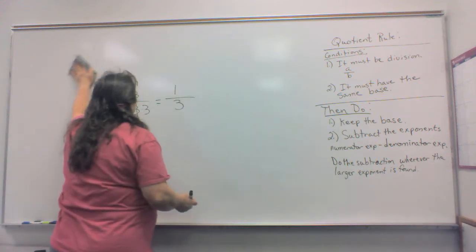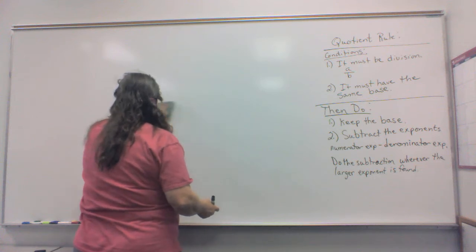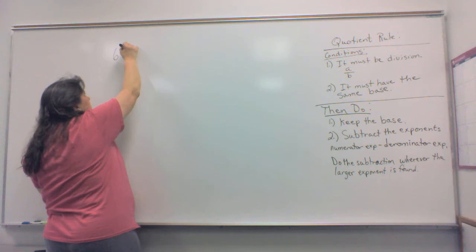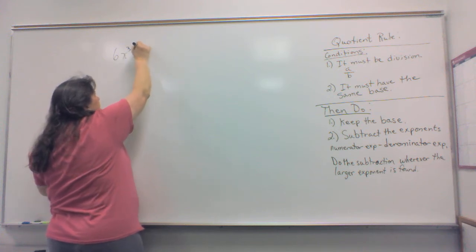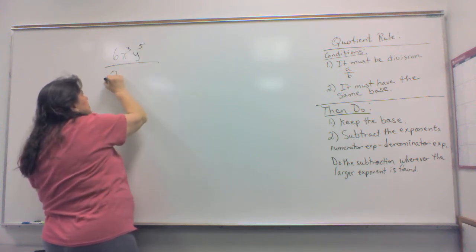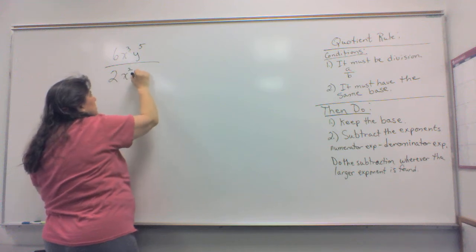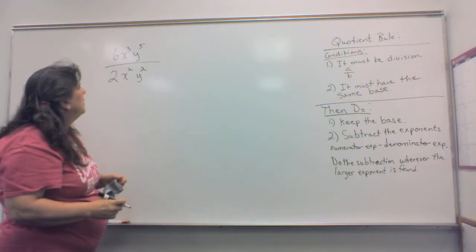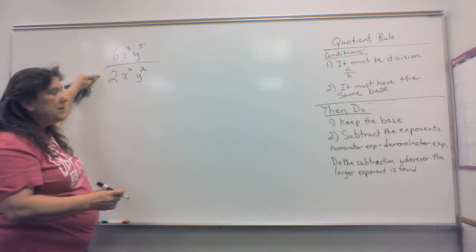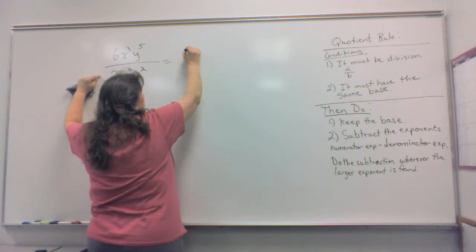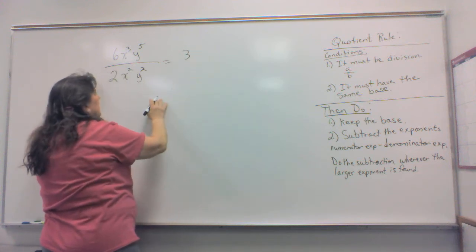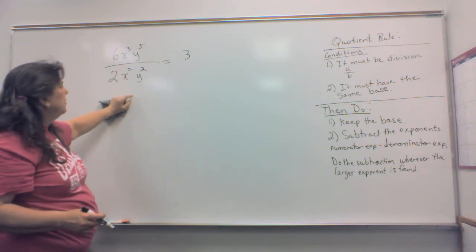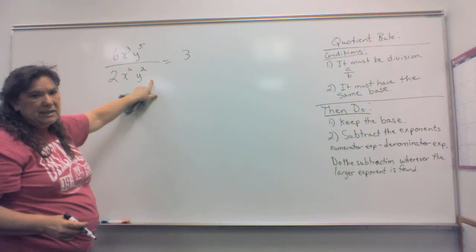Now let's look at another example: 6x to the third y to the fifth divided by 2x to the second y to the second. I've got 6 divided by 2, which is equal to 3, and that's in the numerator. Notice my larger exponents are all in the numerator, and my smaller ones are in the denominator.